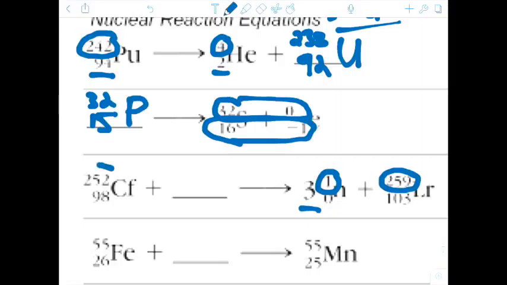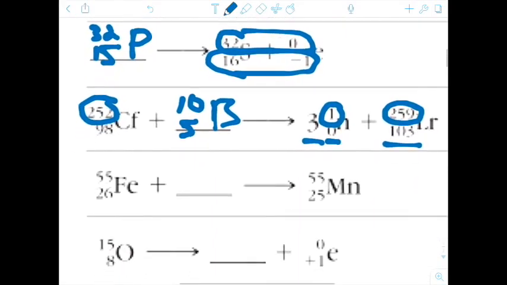Now on this side, we also need 262, but we have 252 there, so that means we need a 10. On the bottom, we see we have 0 and 103. And that means on our other side, we are going to need 103 as well. So that means that would be 5, because 5 plus 98 is 103, and that is boron.